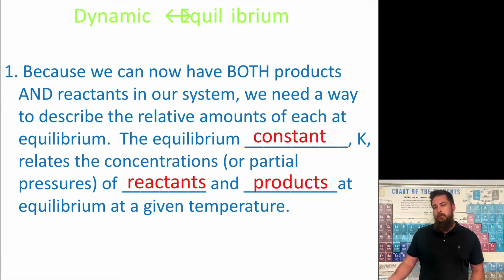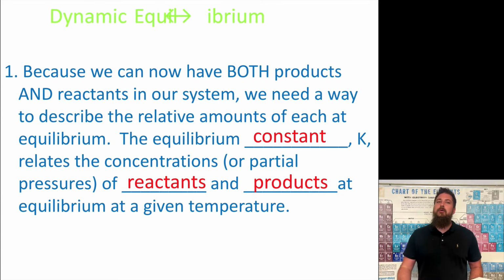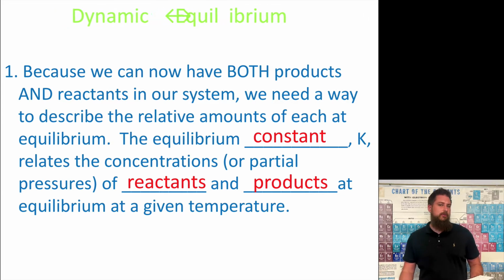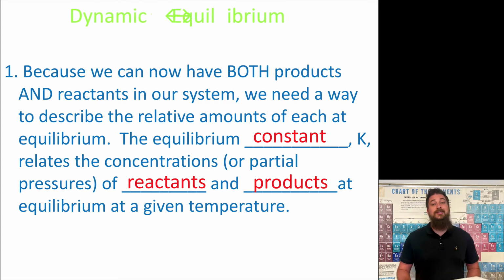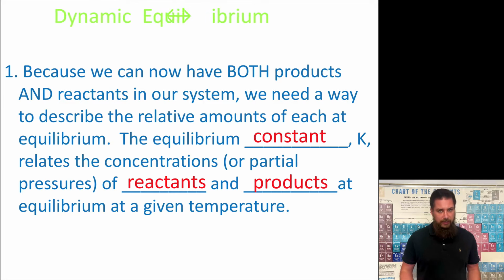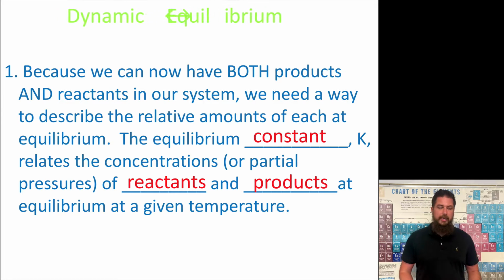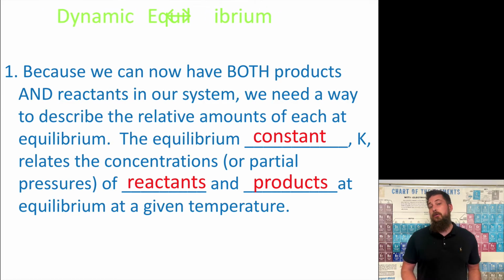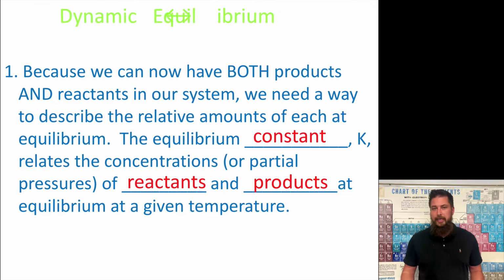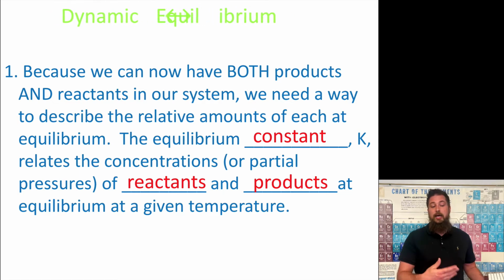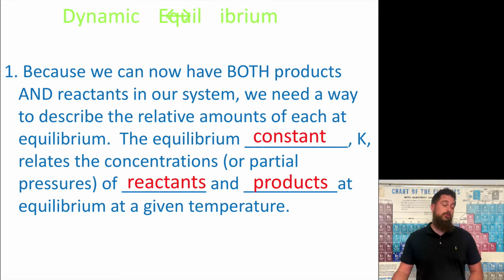Each chemical reaction will end up with a different amount of product and reactant in the end. So we can assign what is called a K value to each chemical reaction. The K value tells us the ratio of product to reactant. It tells us how much product there is and how much reactant there is.